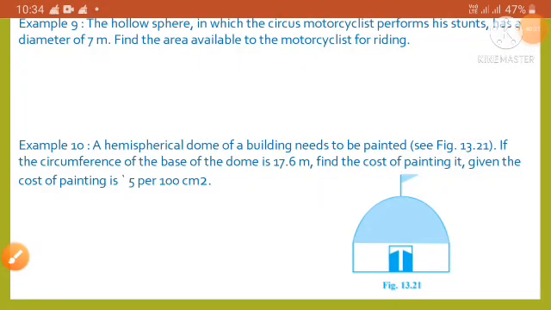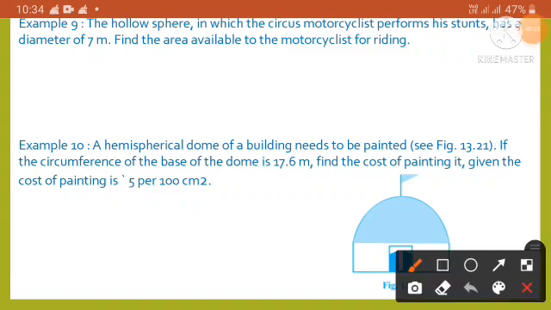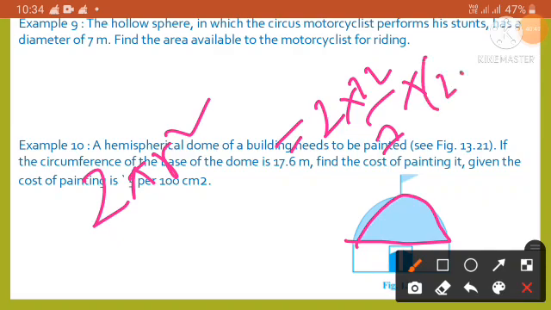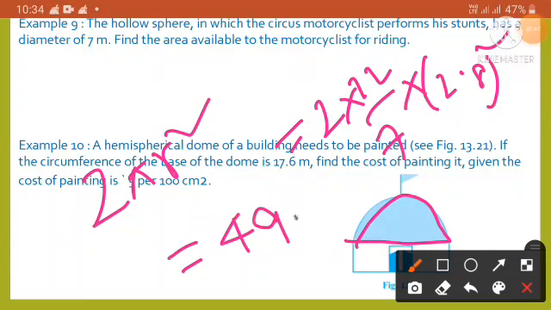Now we have to paint the curved surface area here. It looks like the hemisphere, and we know the curved surface area of a hemisphere is equal to 2 pi r square. So it will be 2 into 22 by 7 into 2.8, that is r, then square. Okay. So it gives us 49.28 meter square.